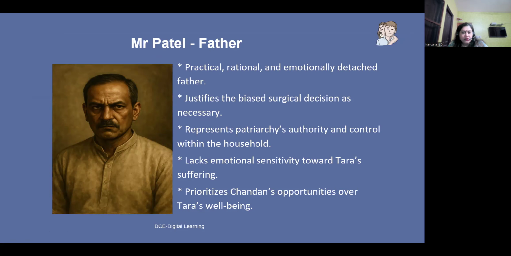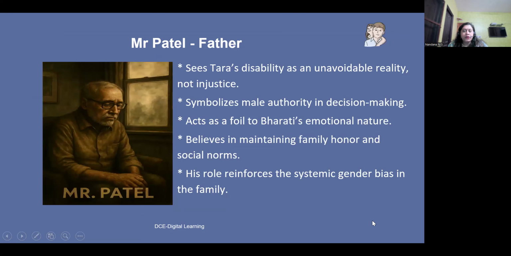He lacks emotional sensitivity towards Tara's suffering. He prioritizes Chandan's opportunities over Tara's well-being. He sees Tara's disability as an unavoidable reality, not injustice. He symbolizes male authority in decision making.